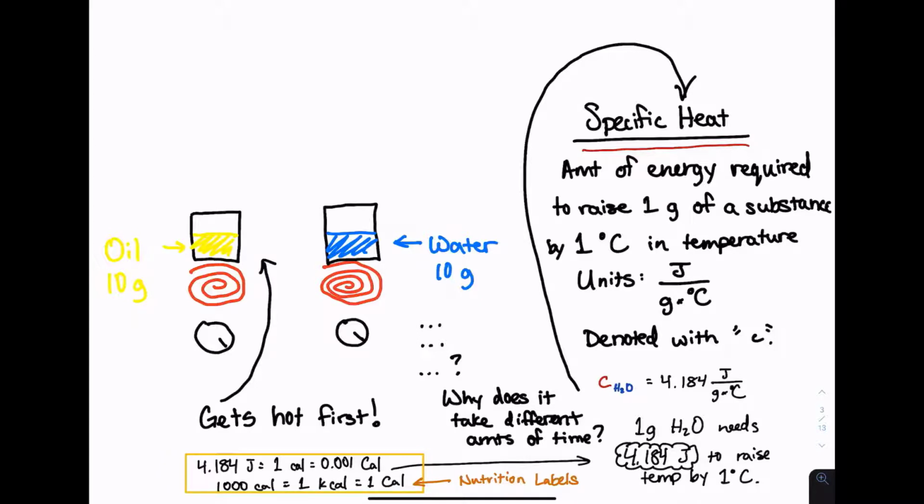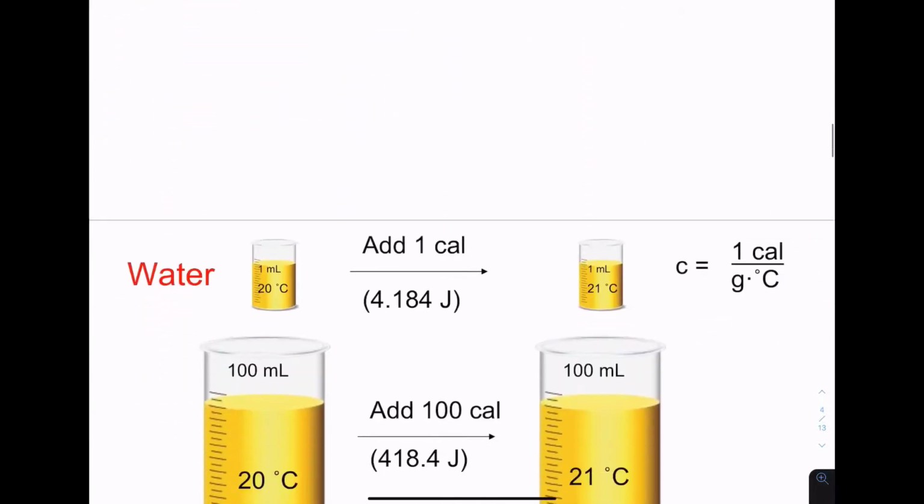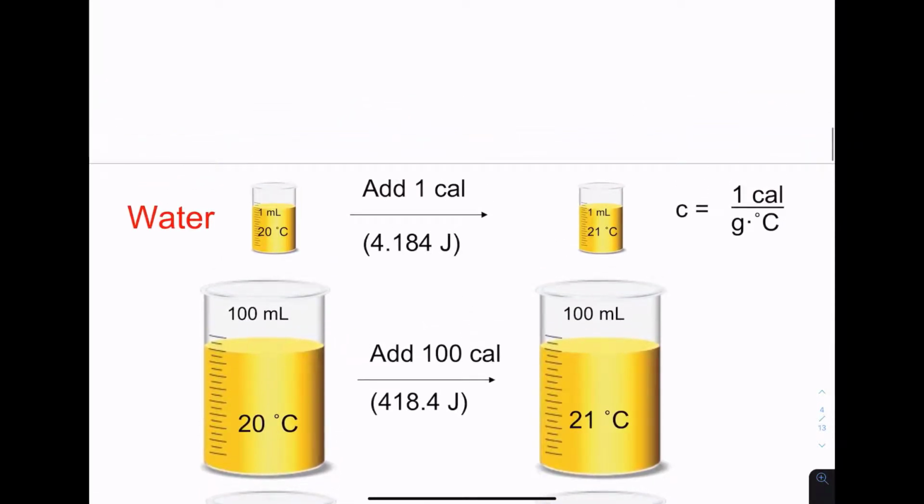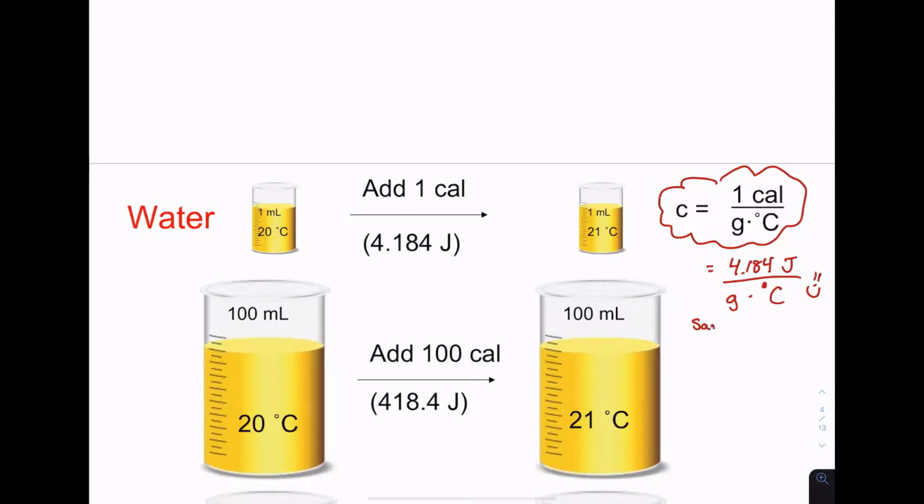Oh, hey, okay, wait, so if 4.184 joules is equal to 1 lowercase calorie, then I can also express the specific heat of water in units of lowercase calories, and this would just be 1.0 forever, but then we could express this as lowercase calories per gram times degree Celsius. These are the same number, just expressed in different units.